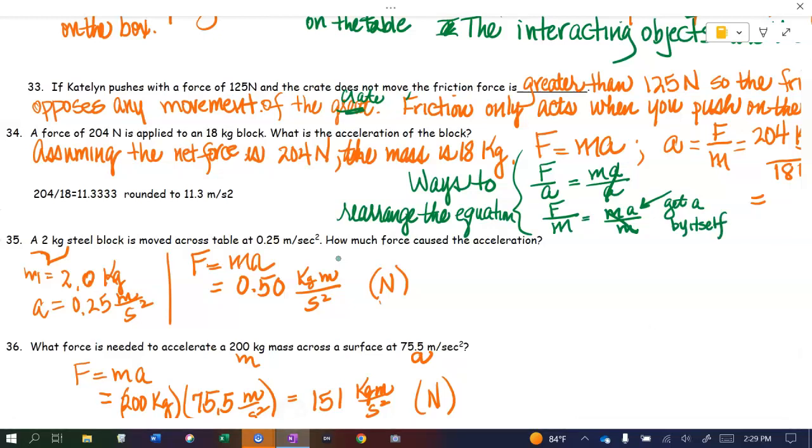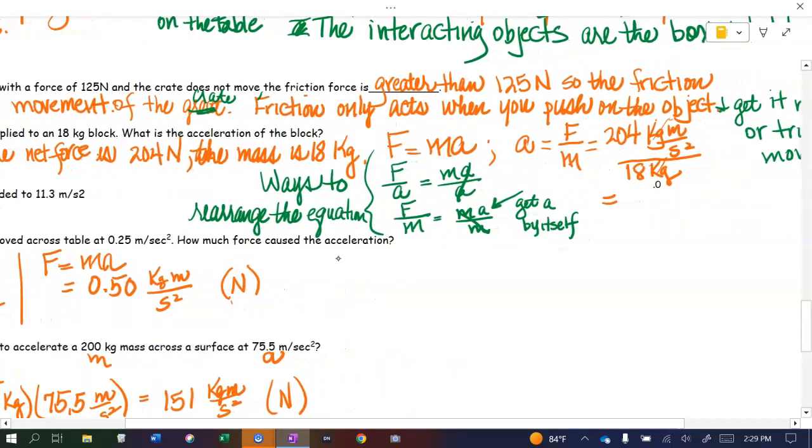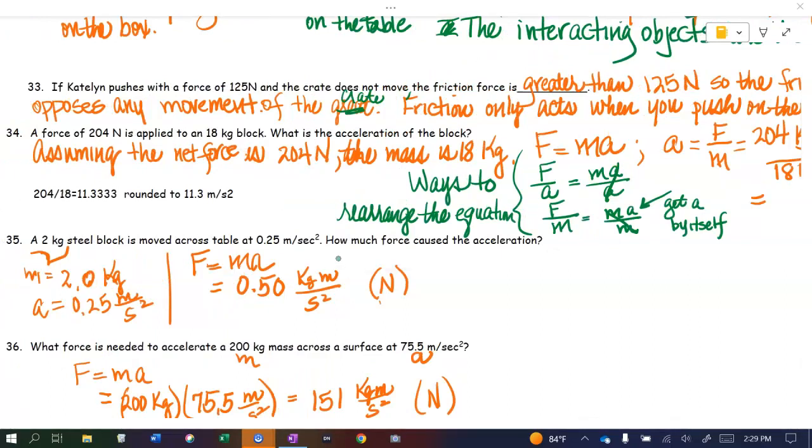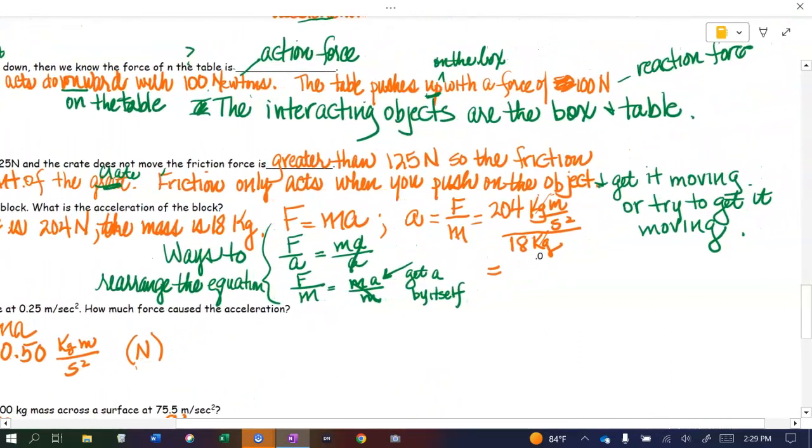So that's what I did. 204 newtons is 204 kilogram meters per second squared, divided by 18 kilograms. And then you can see how we get this unit of acceleration in our final answer.